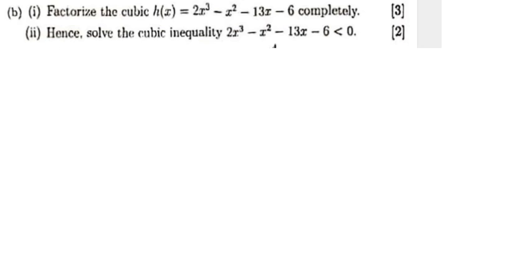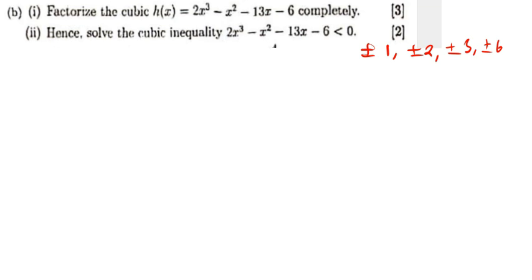The factors of negative 6 are plus or minus 1, plus or minus 2, plus or minus 3, and plus or minus 6 itself. The numbers that can divide 6 are just 1, 2, 3, and 6. So it can either be negative or positive.